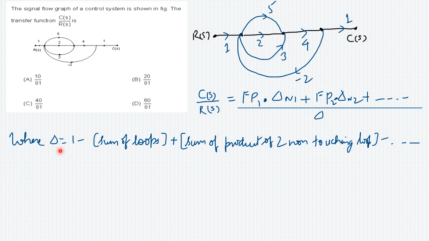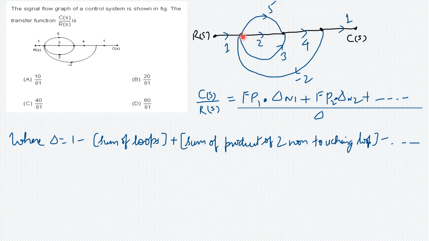Now let us understand what delta is. Delta is 1 minus the sum of loops. What are loops? Loops are those paths which take you back to the same point. See, if I start from here, take this path and then traverse this path, I reach the same point. So this is one loop.